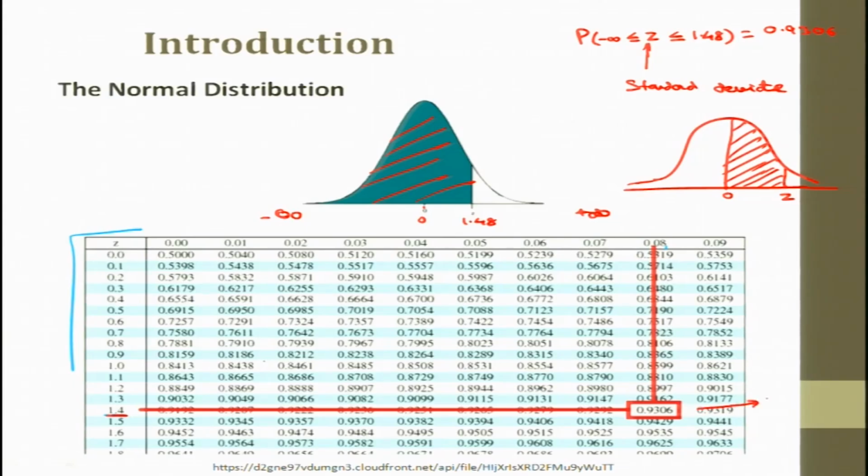In this case, this value would be actually 0.9306 minus this area, this is 0.5, 50% on left side, 50% on right side. So, 50% minus 0.5, this is equal to 0.4306. So, when we see the normal curve and we need to see the normal table, we need to be careful what kind of table, what kind of data we have, what is the limit of the data, from where is the value starting, is it from minus infinity or is it from 0, we need to see this carefully.